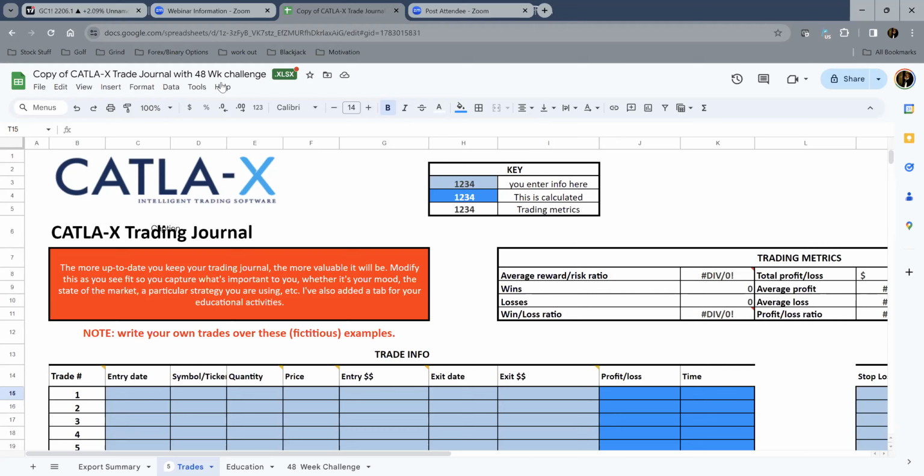The second thing is understanding, where is my true stop loss. Number three is, has manipulation occurred?